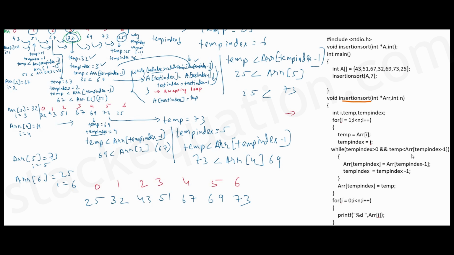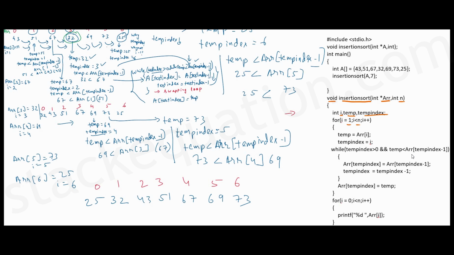If you want to implement this in C++, that's how it looks. Here we declare an insertion sort function with return type void, because we are not returning any value, and we pass an integer array with its size, that means the number of elements. We declare I to run a loop, temporary with temporary index, and we run from I to n.